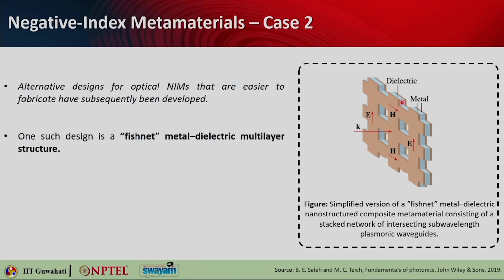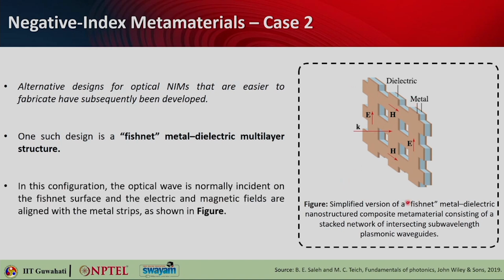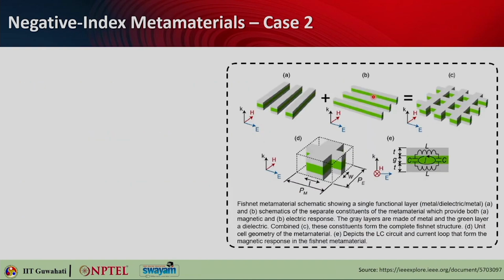There is a metal dielectric metal layer, and in this configuration the optical wave falls like this, that is, normally incident on the fishnet structure, and the electric and the magnetic fields are aligned with the metal strips. So they give you this particular negative permittivity and negative permeability effects. So let us look into more details of this structure.